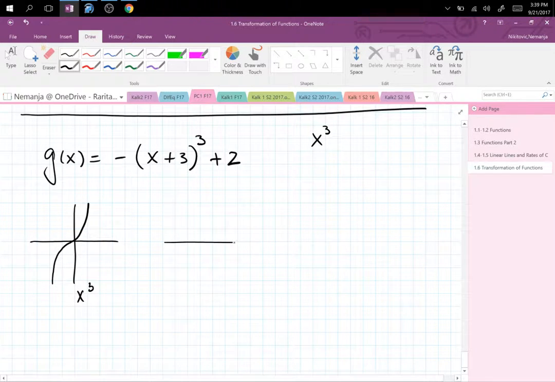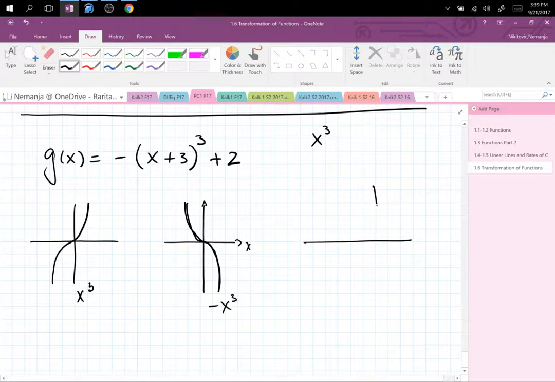The next graph is going to introduce the reflection on which axis? X-axis, yes. So it's going to reflect on the x-axis. The graph is going to look like this, which is now negative x cubed. Now, I'm going to move this 3 units to the left.